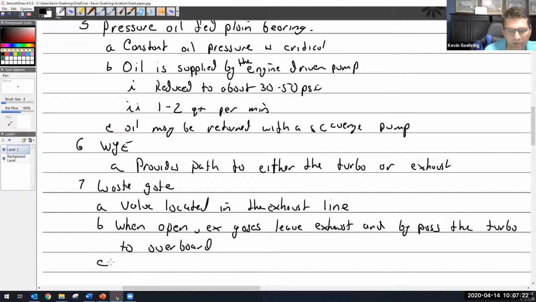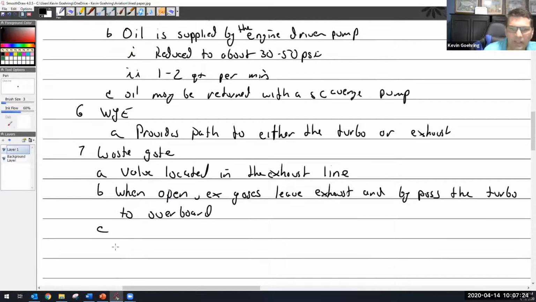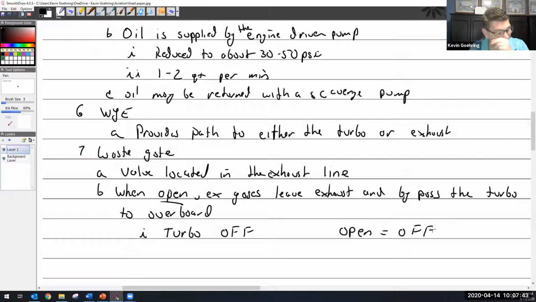Kind of an awkward sentence, but there it is. That is, we'll say this, turbo off. So open equals off. And remember I told you it's never really all the way off, because you can't stop it.